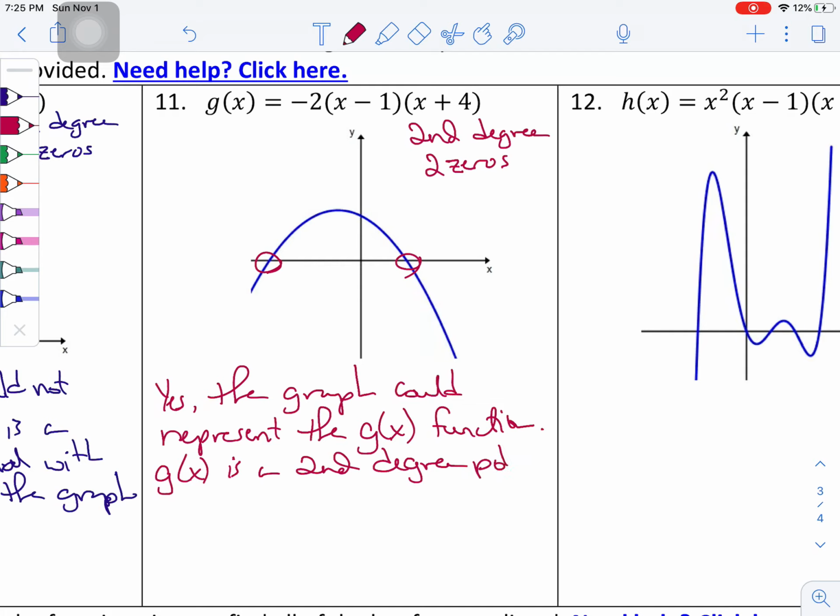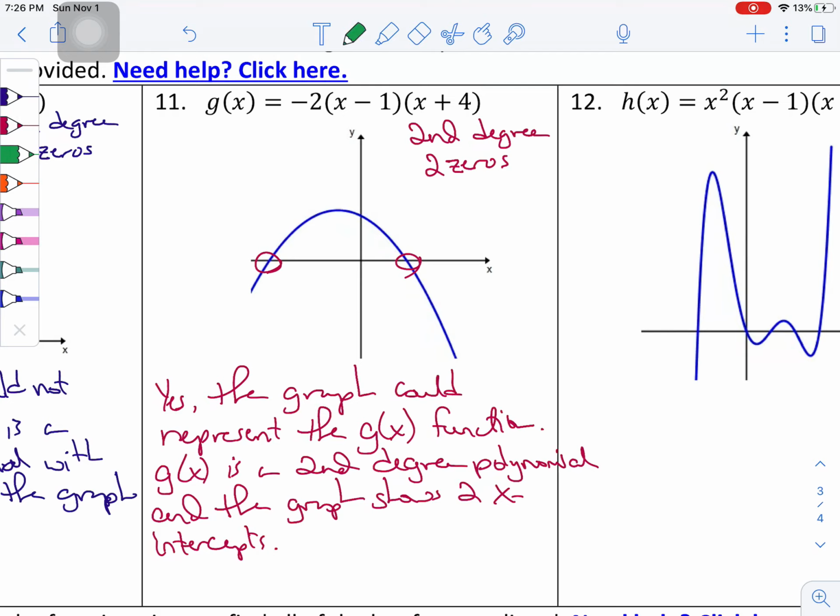Let me spell polynomial right here. Polynomial. And the graph shows 2 x-intercepts. So they match, okay? So that's the fundamental theorem of algebra.